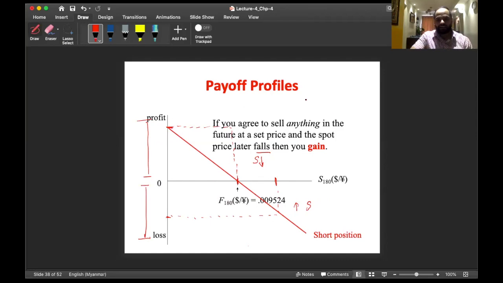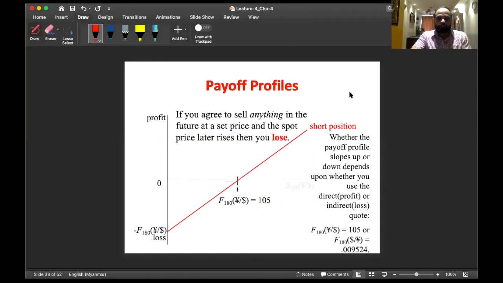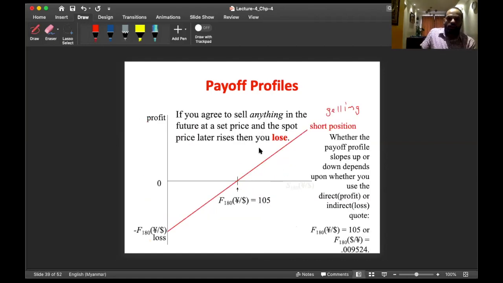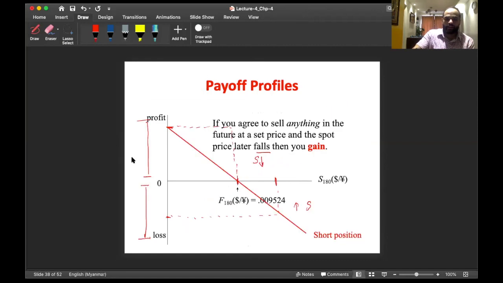I think the next slide is going to explain in such a way. Again, short position. Short position means you are in a selling position. That was also a short position too. If the spot price rises, the same example here, the spot price goes up, we're going to have a loss.